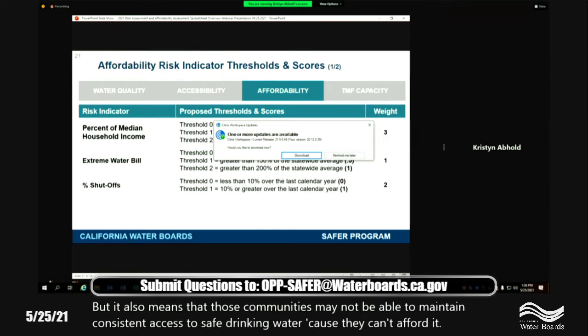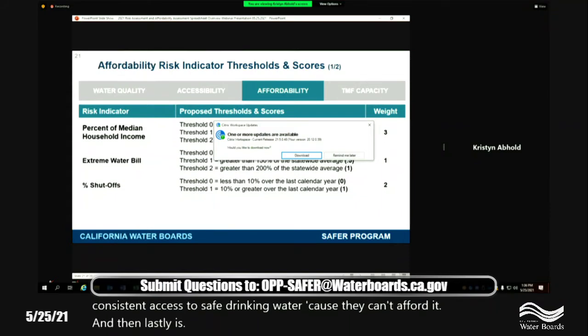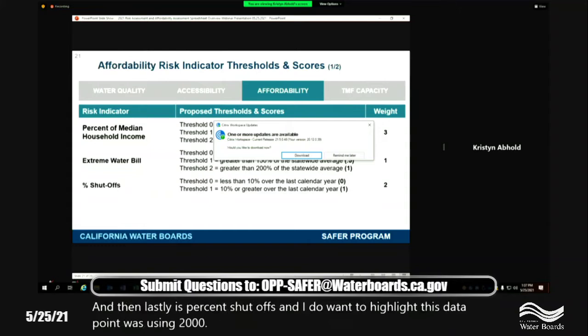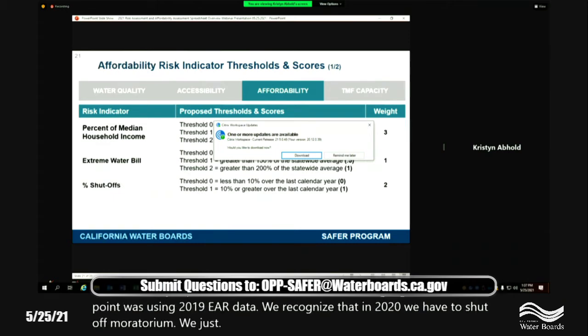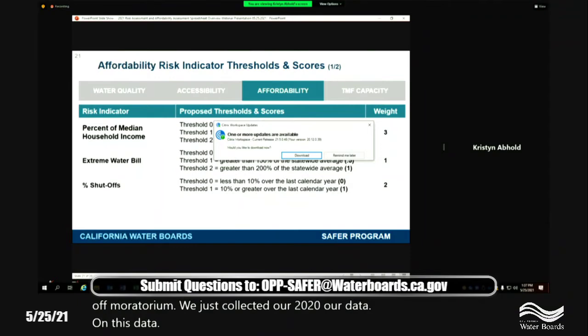And then lastly is percent shutoffs. And I do want to highlight this data point was using 2019 EAR data. We recognize that in 2020, we had the shutoff moratorium. We just collected our 2020 EAR data. This data point will not be used in next year's needs assessment. But we did use it this year because we had the 2019 data.